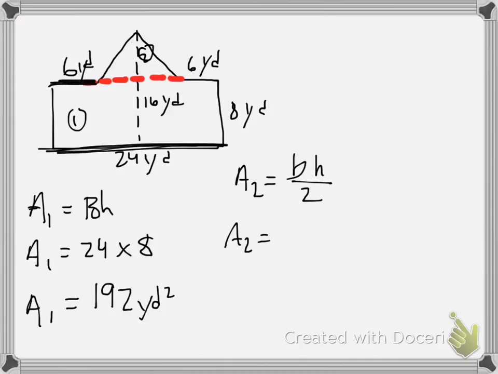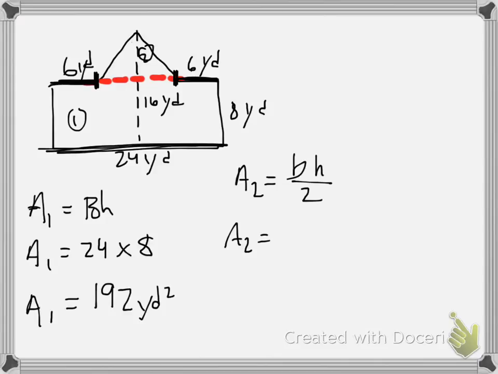This much is 6, and this much is 6. Well, 6 plus 6 is 12. So how much is left for this portion of the shape, which would be the base of the triangle? Well, if I have 12, I got to get to 24. So the base is the other 12, because 12 plus 12 is 24.